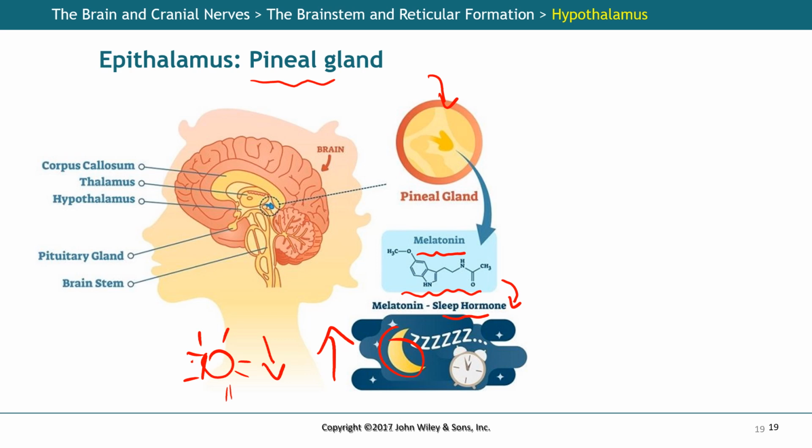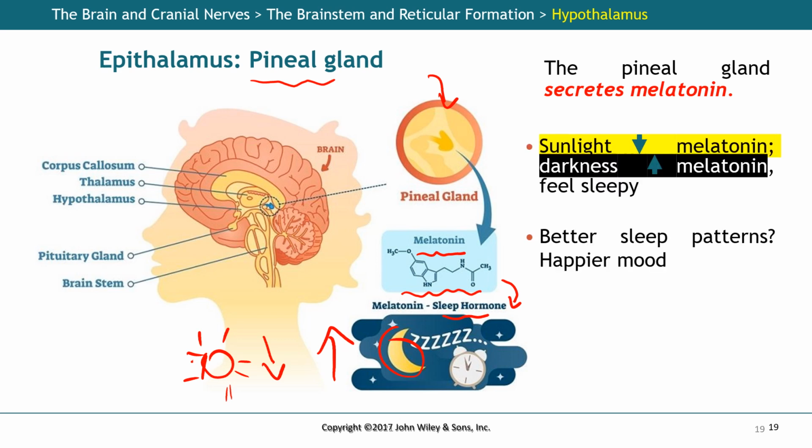Okay, so just to recap, we were going to study the pineal gland, and its main function that we're focusing on in this slide is that it secretes melatonin. I also told you that depending on the sunlight, you will have lower melatonin when there is a lot of sunlight.